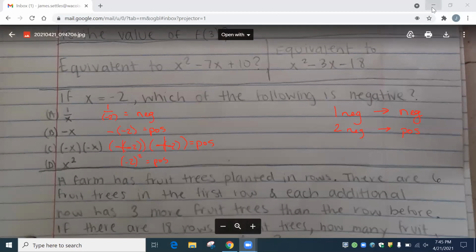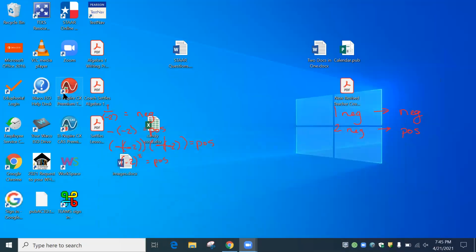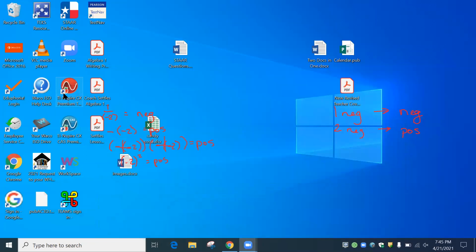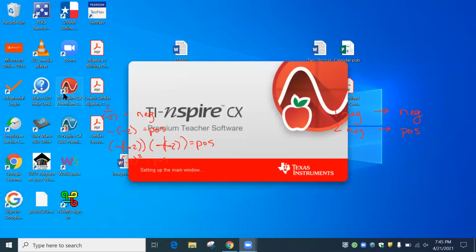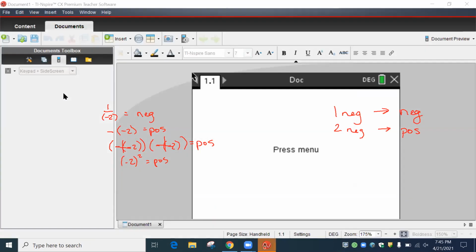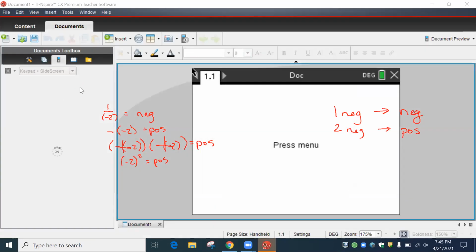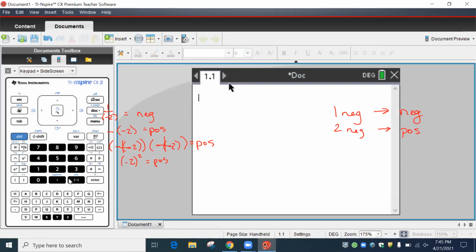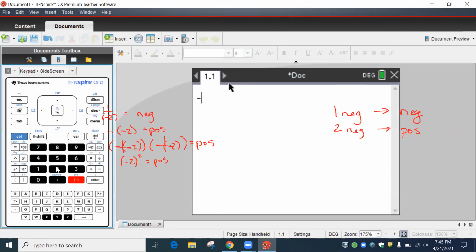A true calculator won't automatically put parentheses if you didn't ask for parentheses, but those calculators are kind of weird. So I don't know what your calculator that they give you on the TSI does, but let me show you this. So if I put -2 and then I hit squared with no parentheses, it's going to give me a -4.